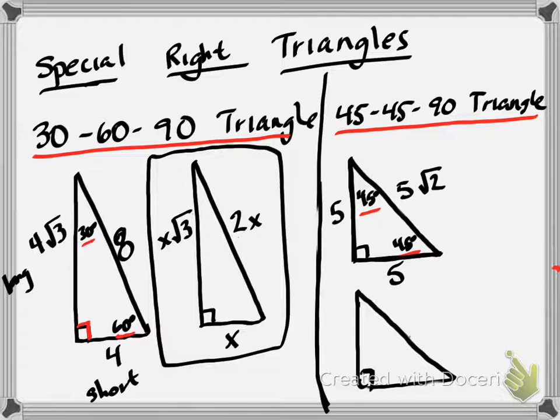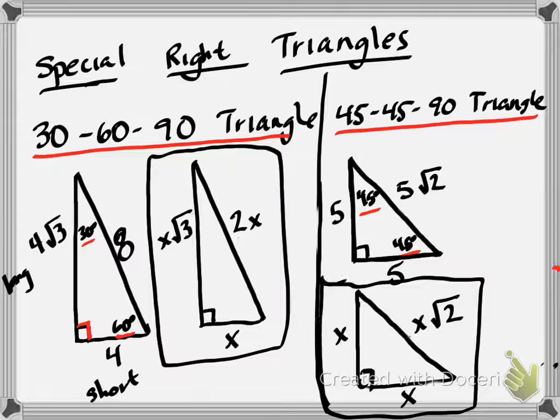All right, so in general, if this side is x, or some number, then this side should match exactly the same as that one. And the hypotenuse is going to be x times the square root of 2. And so again, we can use this idea to find missing sides of a 45, 45, 90 triangle without having to use sine, cosine, and tangent.